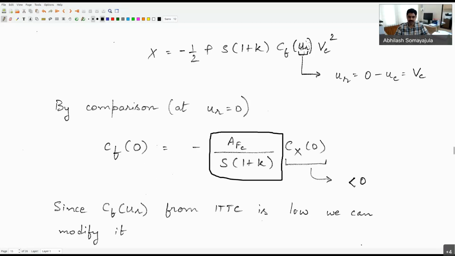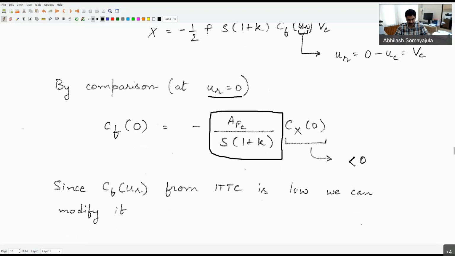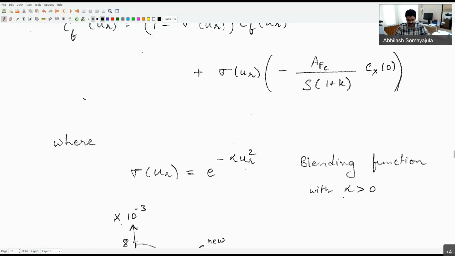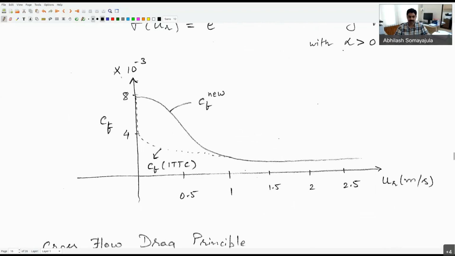Now, here also we are mostly interested in low speed areas, so we look at where the relative velocity is close to zero, and you will find that this expression is more or less valid. If I look at the curve of the ITTC line versus the actual one, this is how it looks.